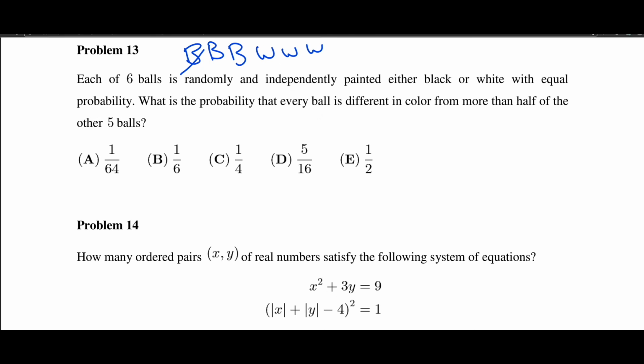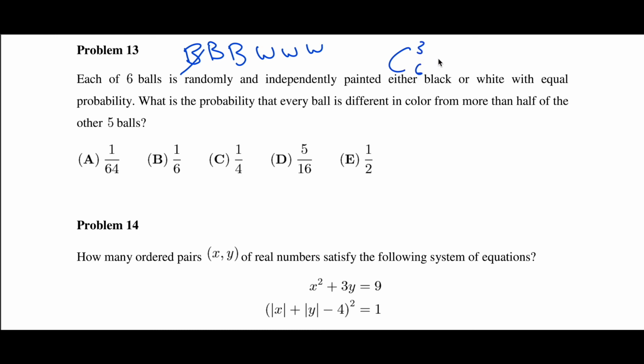The probability of 3 black and 3 white: we choose 3 from 6 to be black, and the rest will be white, and the total cases are 2 to the power of 6. Each position of 6 can have 2 choices, black or white. So 1, 2, 3, 4, 5, 6, each one has 2 choices, and that explains why it's 2 to the power of 6.